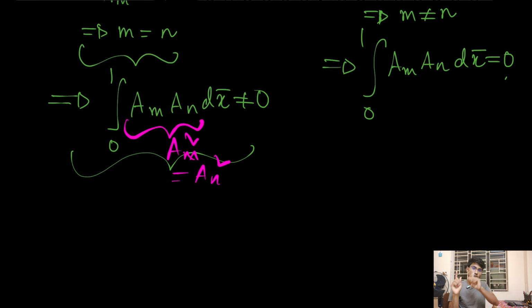If I am having i dot i, then it is non-zero. Similarly, if I am having a_m into a_m or a_n into a_n, that is m equal to n, then it is non-zero. But the moment I am having i with another vector that is not equal to i, then I am having 0. So here it is also having 0. That is why, pulling the same analogy, I can say that this is the orthogonality condition.